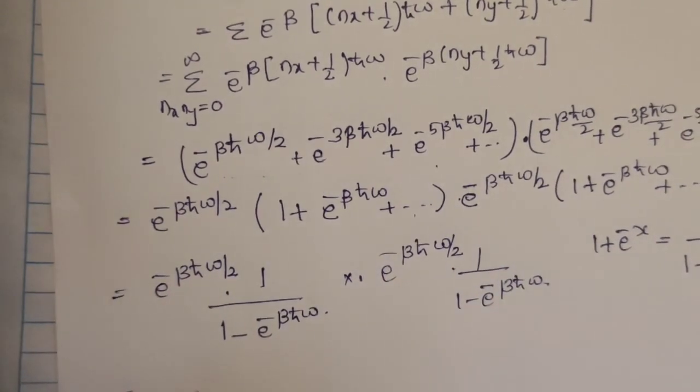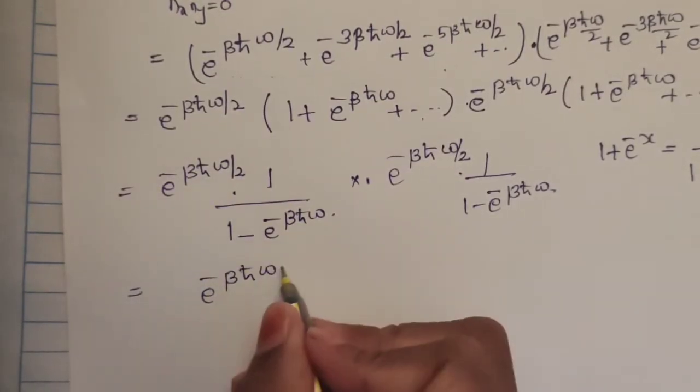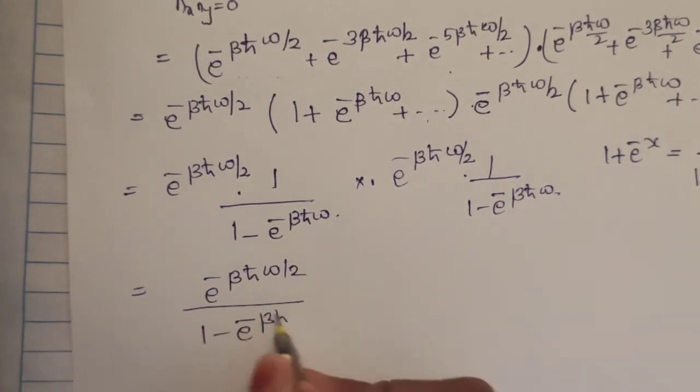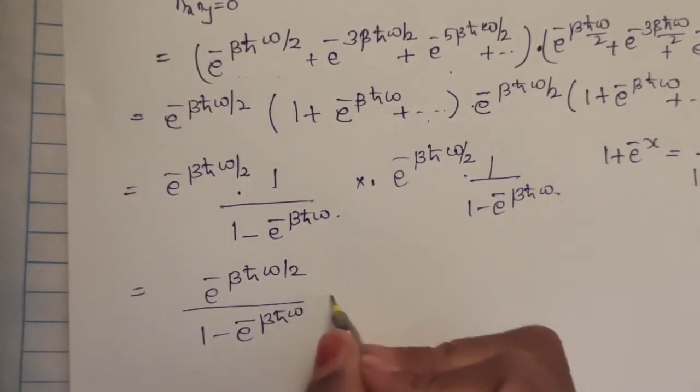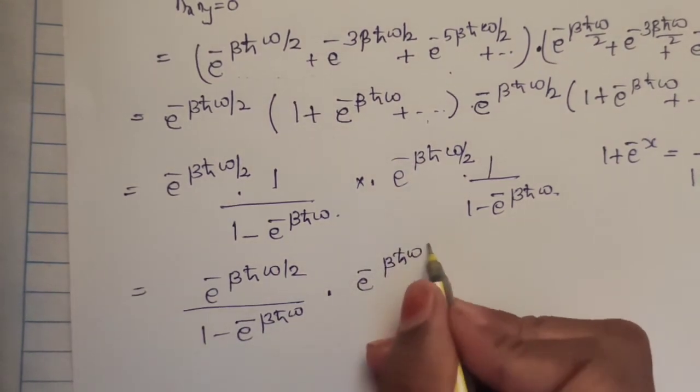Now I will write this as e to the power of minus beta h cross omega by 2, times 1 minus e to the power of minus beta h cross omega, the whole squared, with the numerator e to the power of minus beta h cross omega.